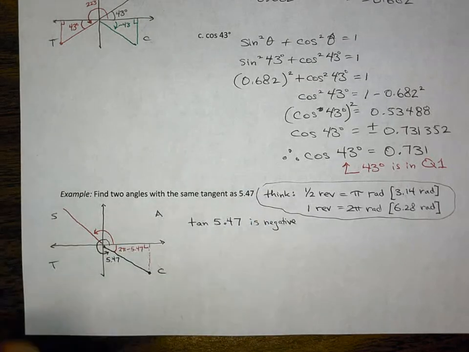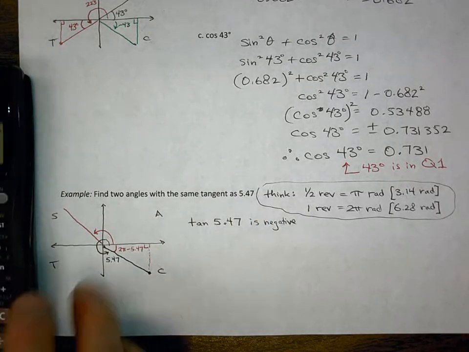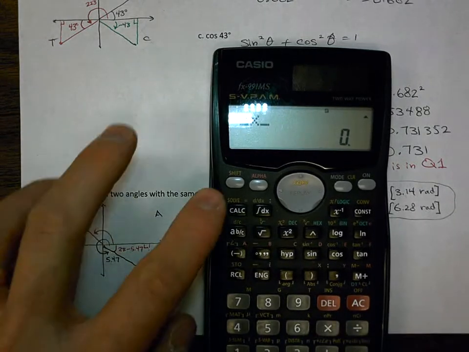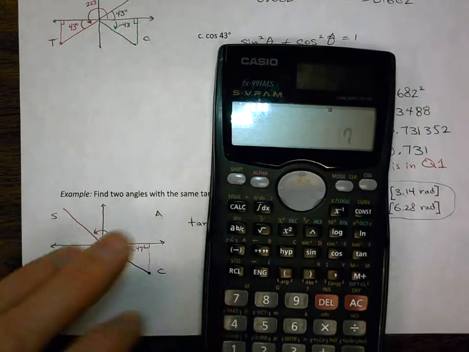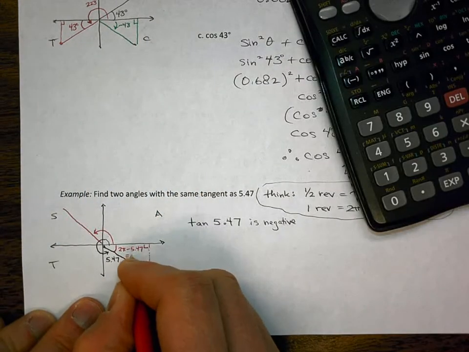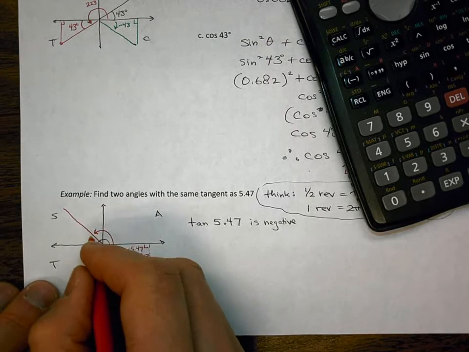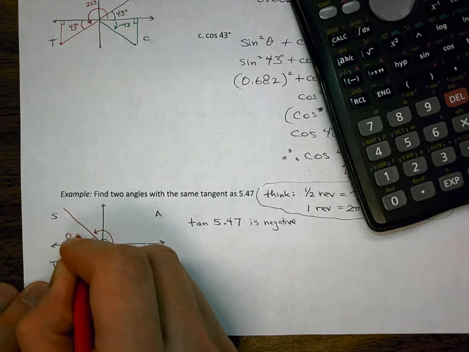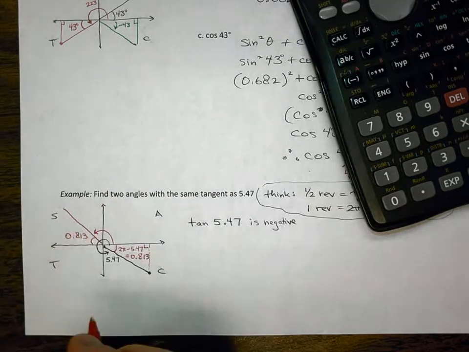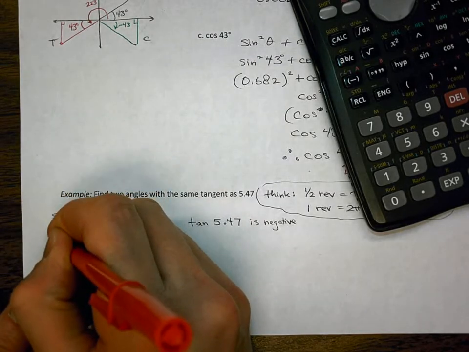I can type that into my calculator: 2 times shift pi minus 5.47. So this related acute friend is 0.813. So then this angle here would also be 0.813. That's my related acute friend.